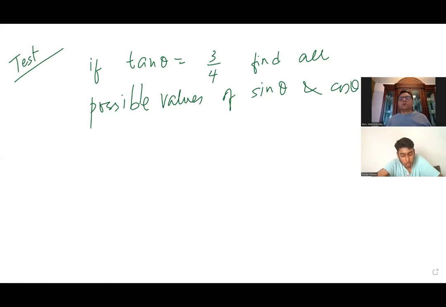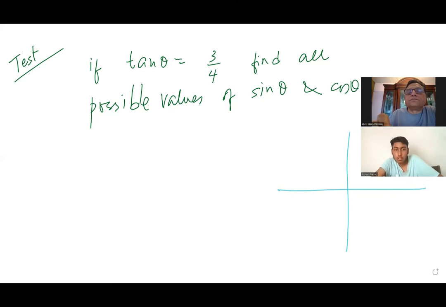How will you solve this particular question? Tell me. So if tan of theta is equal to 3/4, sir, then we have to find all possible values of sine theta and cosine theta.